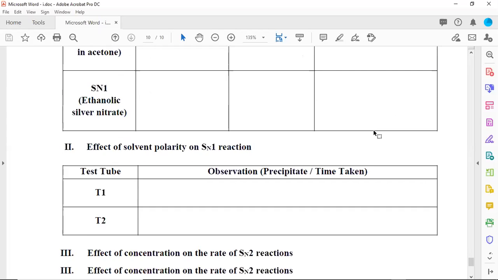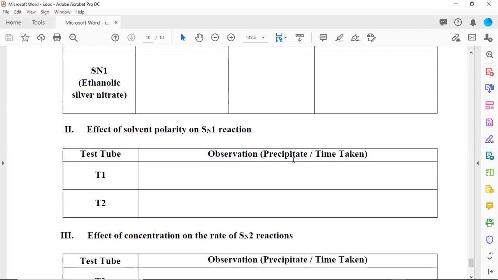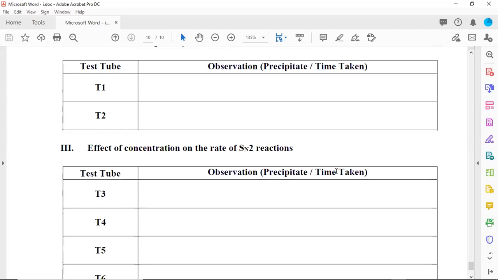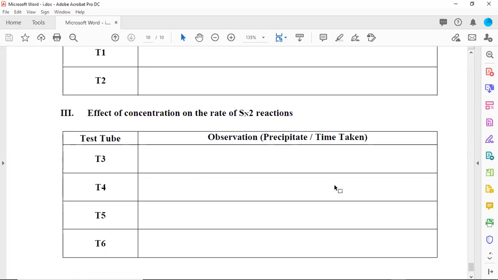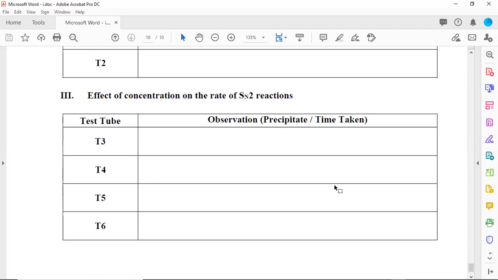Alright, that's the idea of this discussion. As you can see here, observation consists of precipitate and also the time taken. Effect of concentration juga, you need to put the precipitate and also the time taken. You need to mention what the changes are and also the time taken to complete the transformation of the reactions.